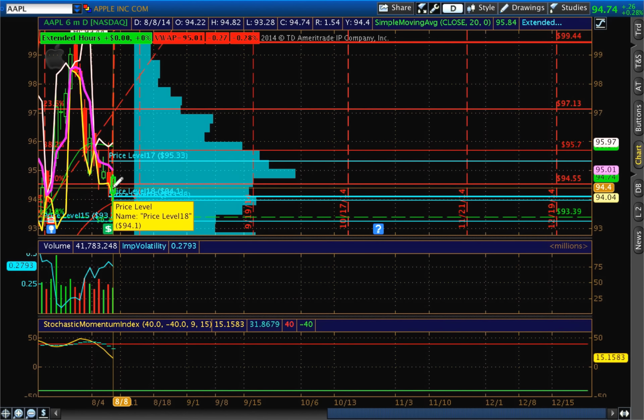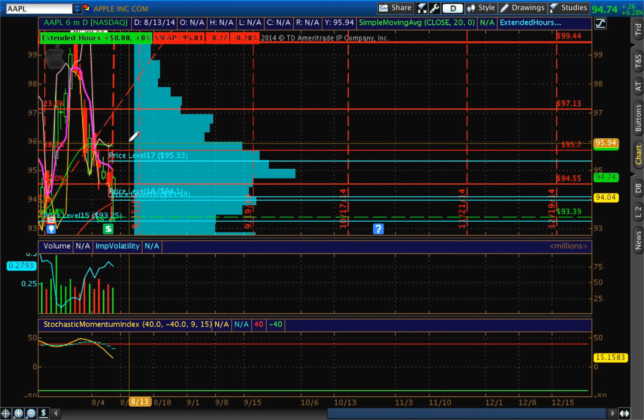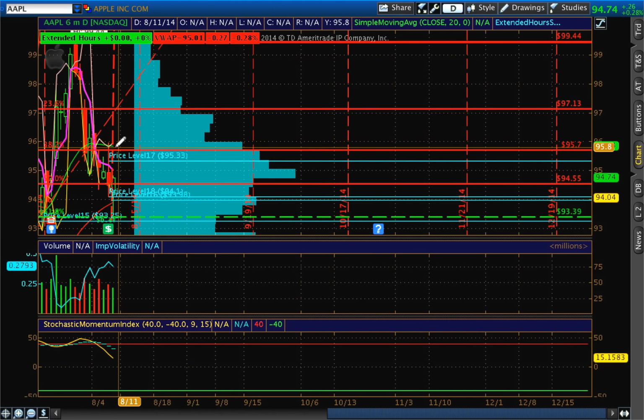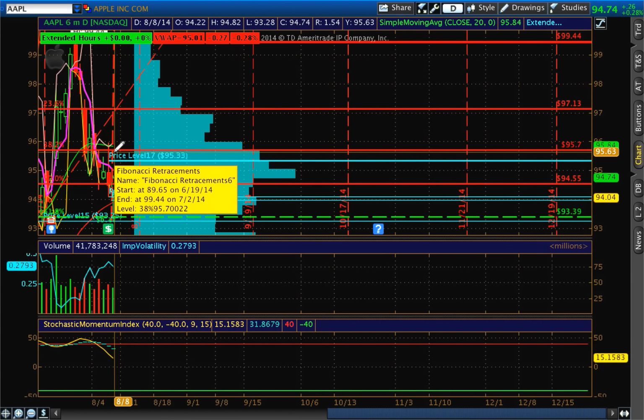So the trade for Monday would be to buy Apple up over this high, and that's 94.82. That's where you would want to set your buy stop, in the thought that Apple would then rally back up. I guess we'd probably be looking for another test of this area up here, somewhere between 95.33 and this 20 MA, which is 95.84.